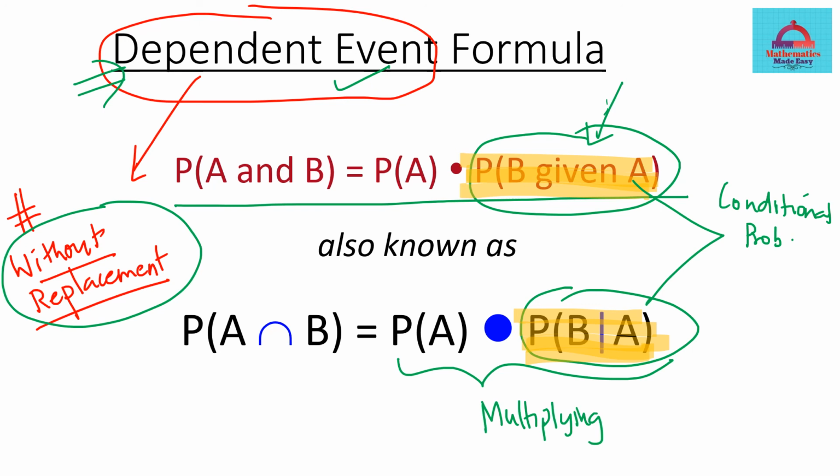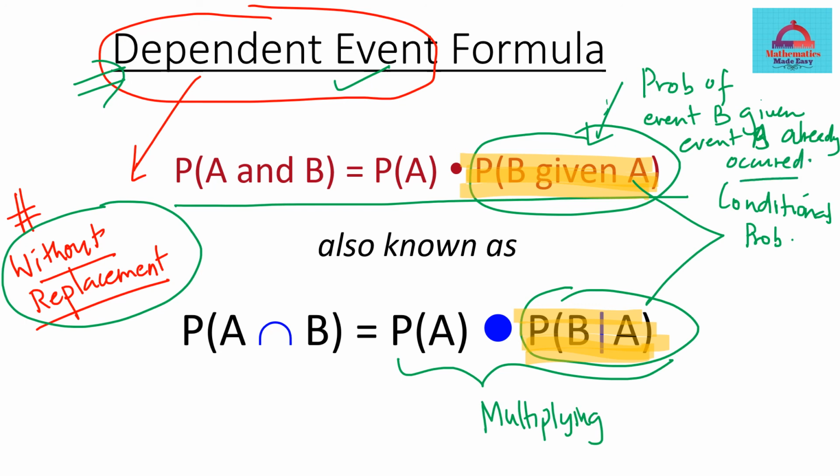I will write here for you. This is the probability of event B given event A already occurred.